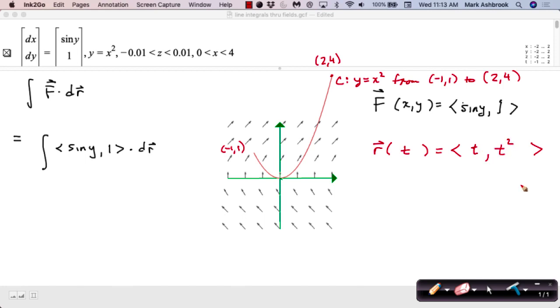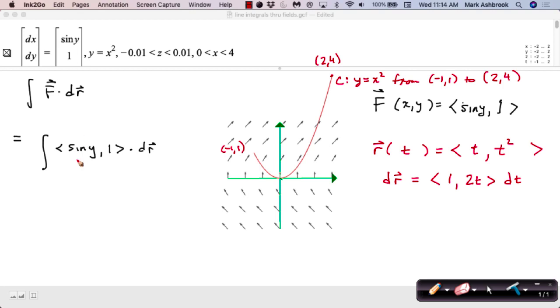So that's the natural parameterization for y equals x squared: t and t squared. And so then we need dr. What's dr? It's the derivative of each component with respect to t. So 1, 2t, and then dt.